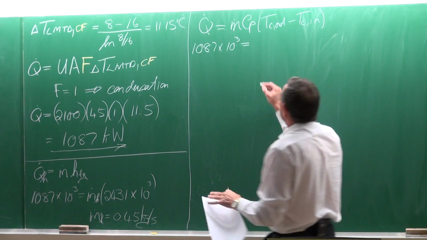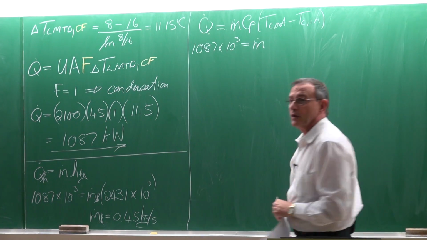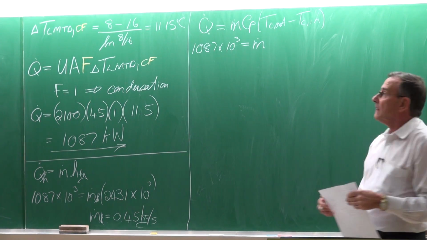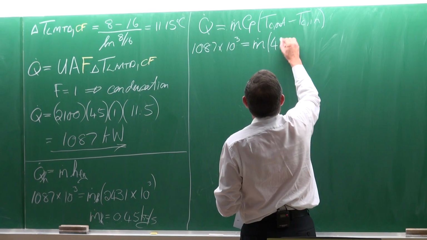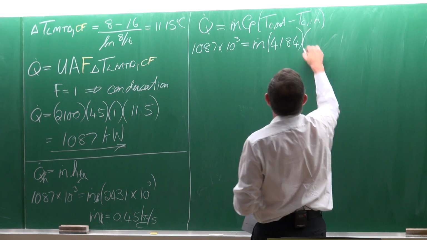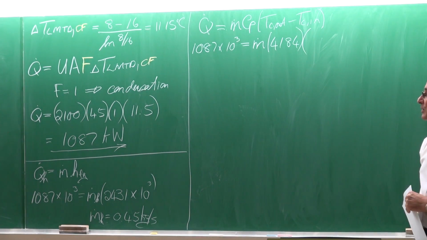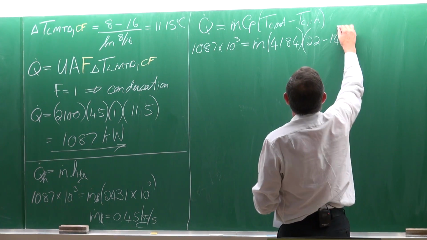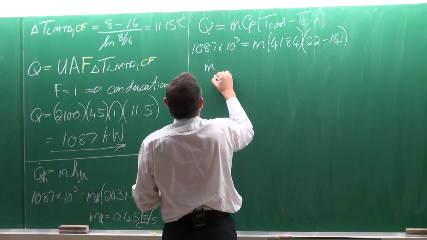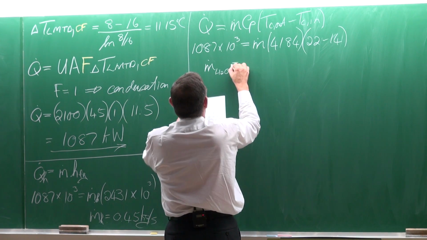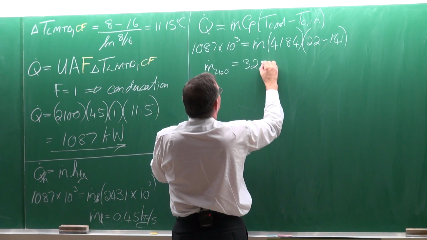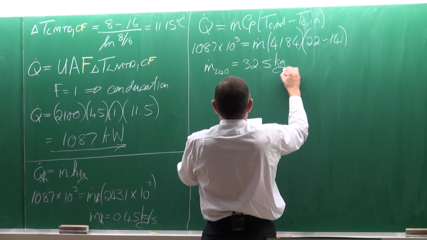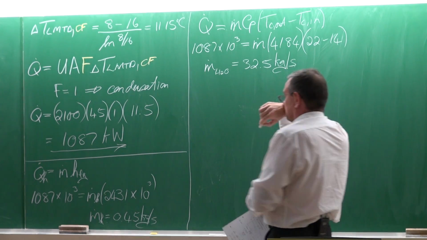It's equal to the mass flow rate which we require. Cp value is equal to 4084 multiplied by the outlet temperature 22, inlet temperature 14, from which we can calculate the mass flow rate of the water as 32.5 kilograms per second.